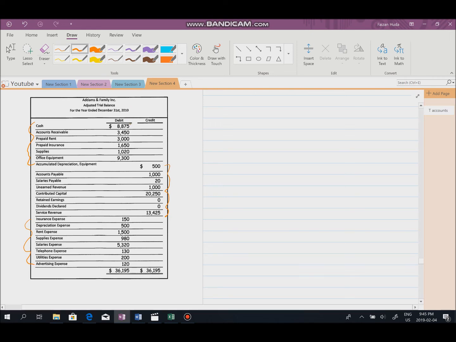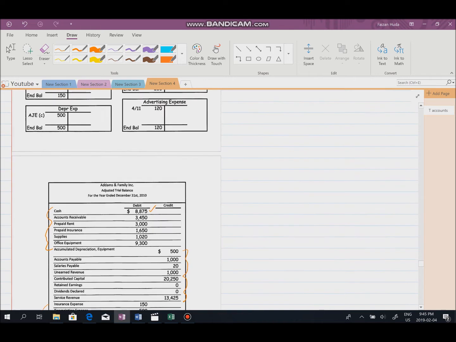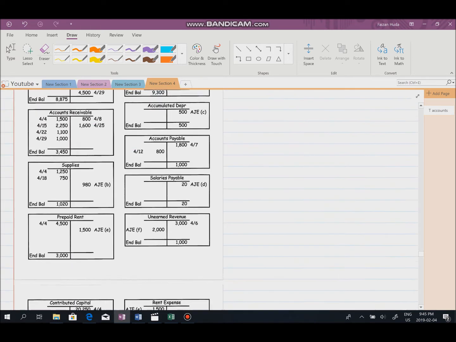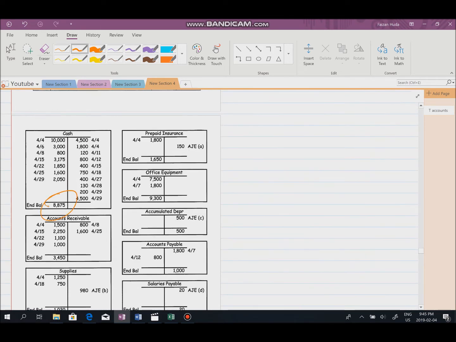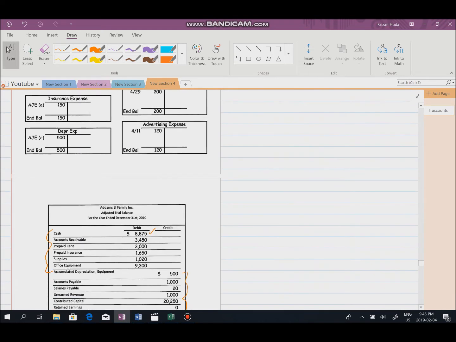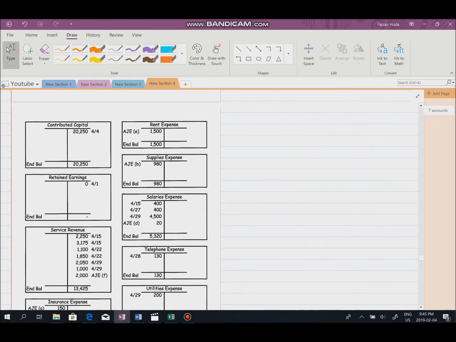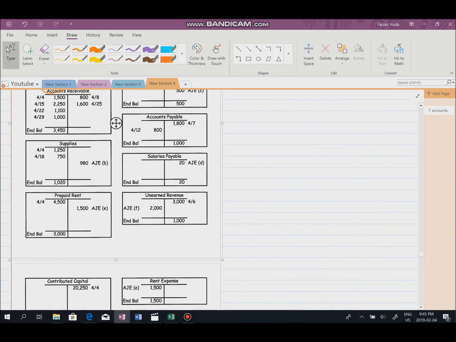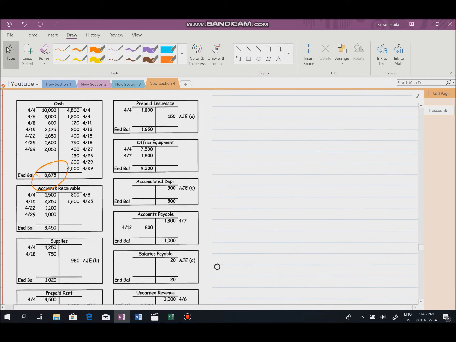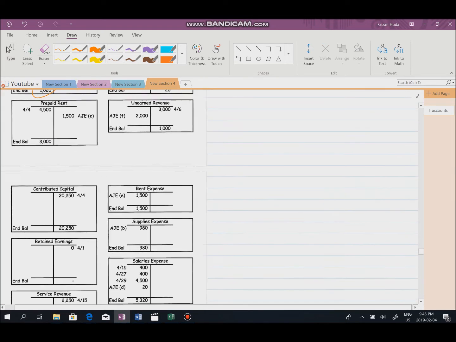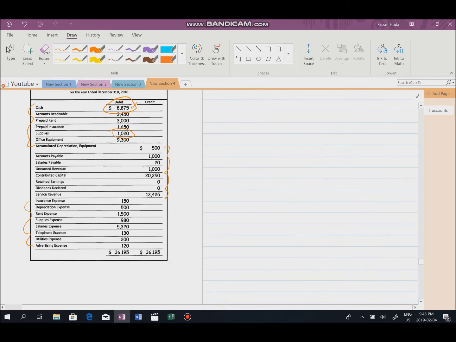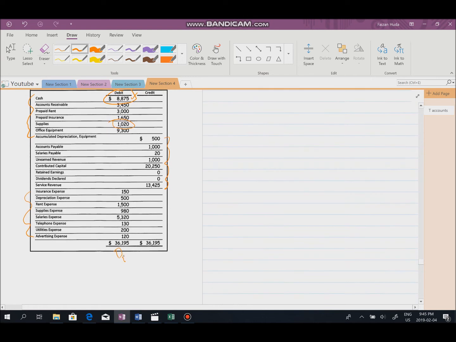And so to get these values, you just look at your T accounts. I got this value from here, you just copy paste values. That's all you do. Supplies, you see 1,020. I'll look at supplies over here, 1,020. So basically you copy paste your values, and once you did that, your debits should equal your credits.